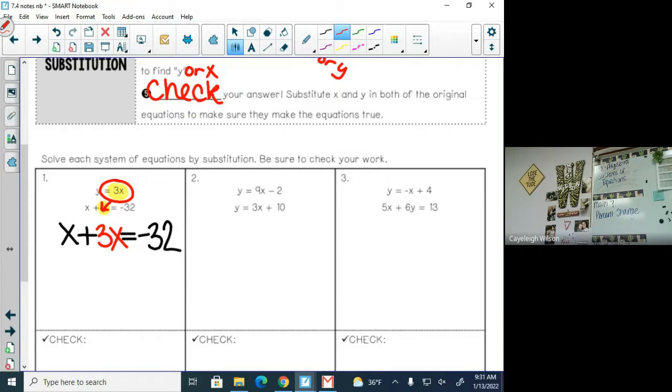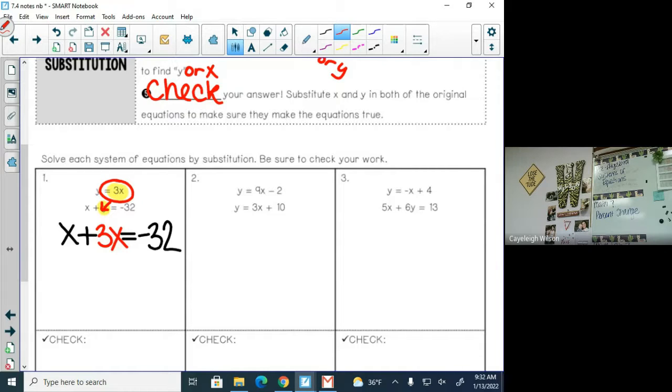So I take one equation and I plug it into the other equation because I want to make an equation that has just the same variable in it. So see how this one had a y and an x? This one had a y and an x. Now this one just has x. And I'm able to solve that. I know how to solve something like that.